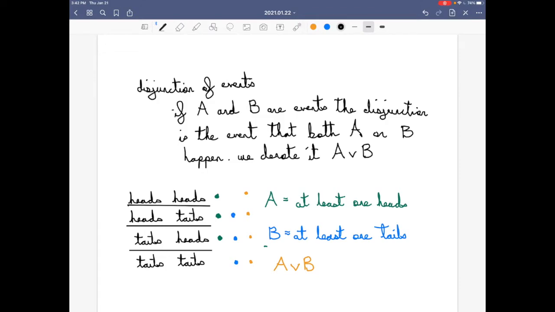So now we're defining a new concept called the disjunction of events, and we're saying that the disjunction is the event that, oops, I overcopied. Let's see here, better rewrite this.